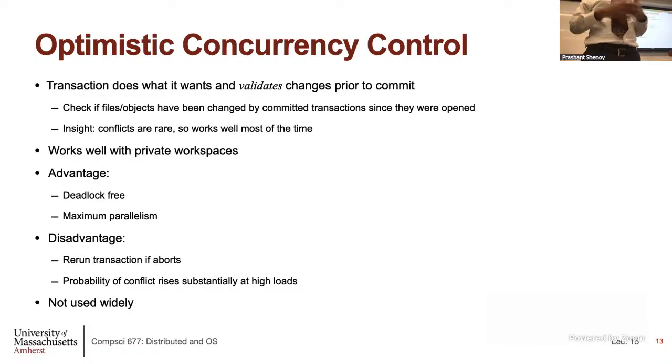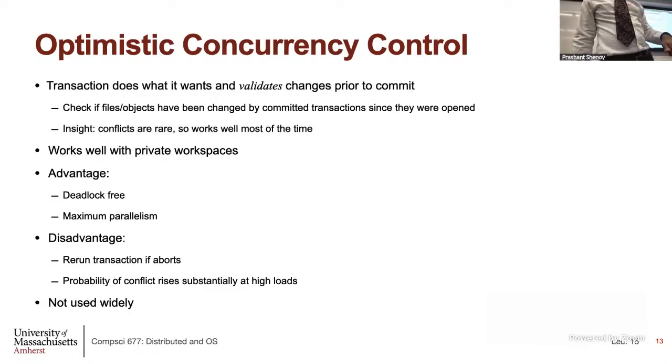When there are more transactions, the probability of any two transactions touching the same data item goes up. So this approach is going to give you higher rates of transactions failing when the load rises. At low to moderate loads, this is a great approach because you will get high parallelism without any overhead of locking or anything.